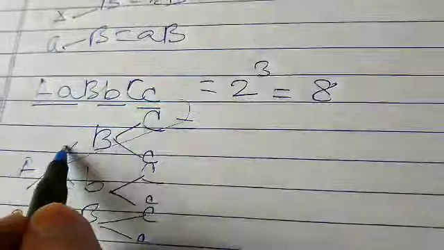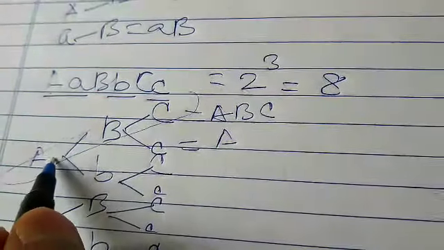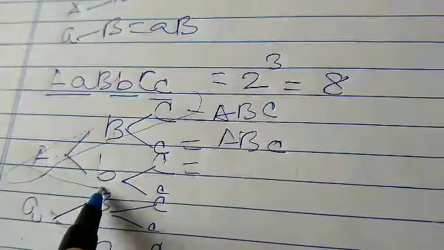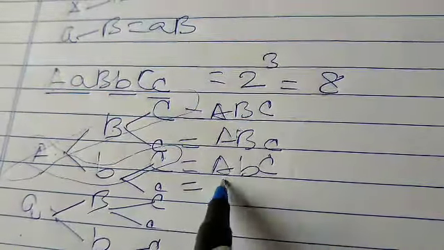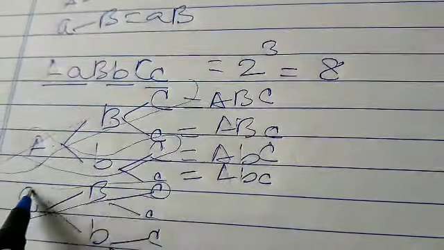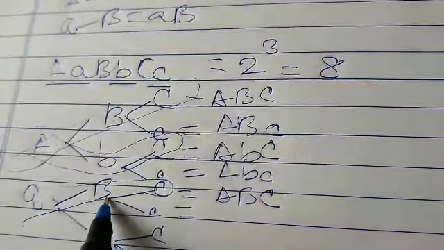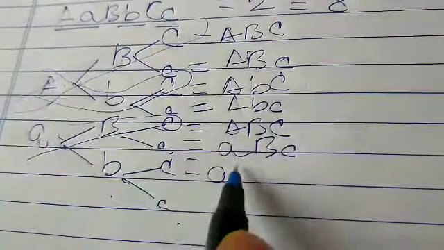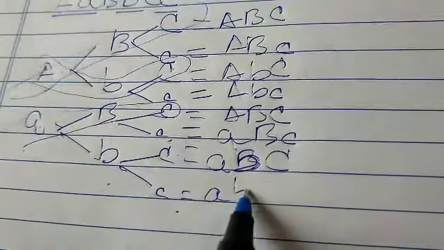ABC, then ABc, then AbC, and AbC, and this Abc. Again aBC, and this will be aBc, similarly abC, and abc.